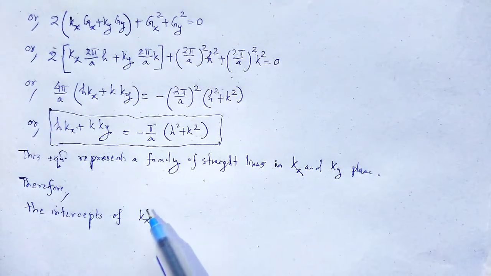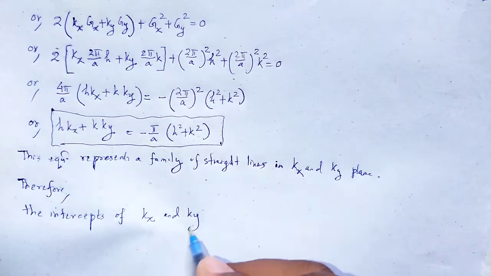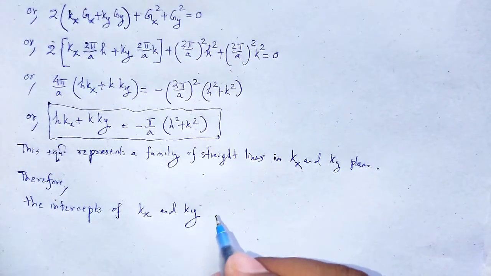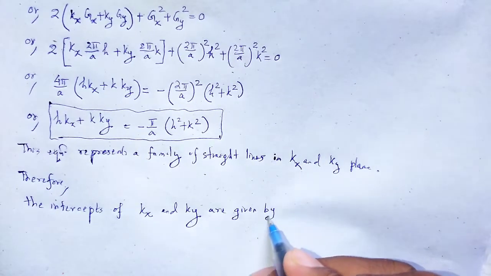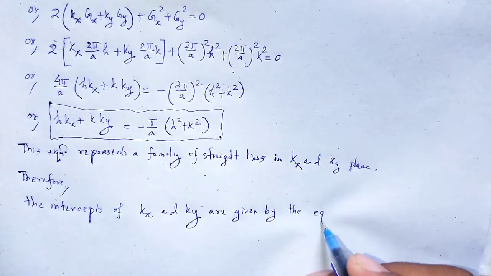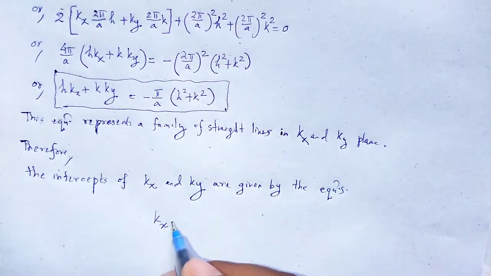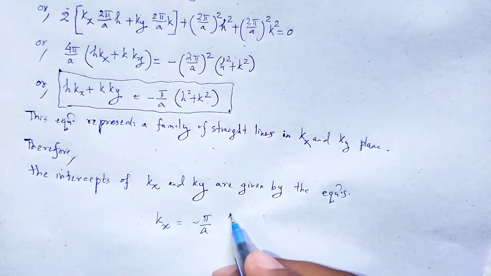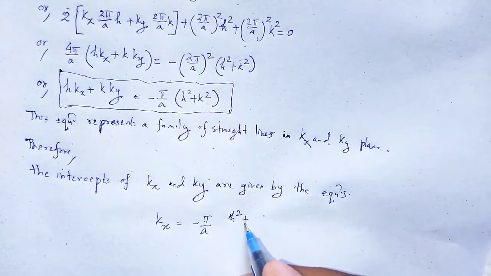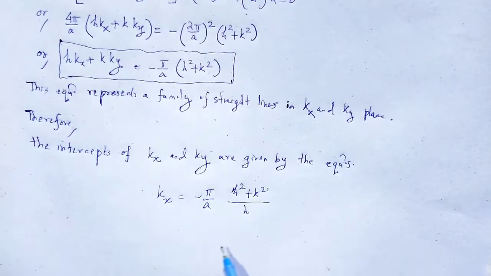So the intercepts of kx and ky are given by the equations. The intercept of kx is represented by the equation minus pi by a, h square plus k square divided by h.